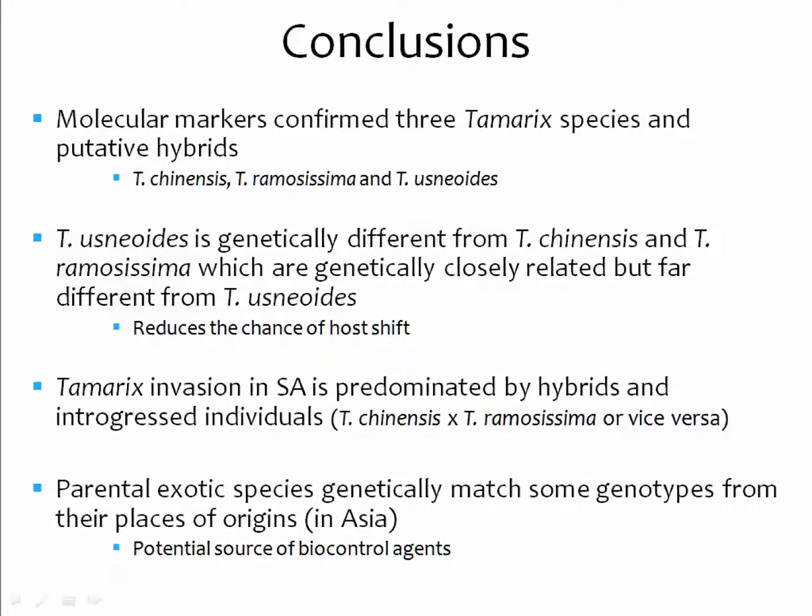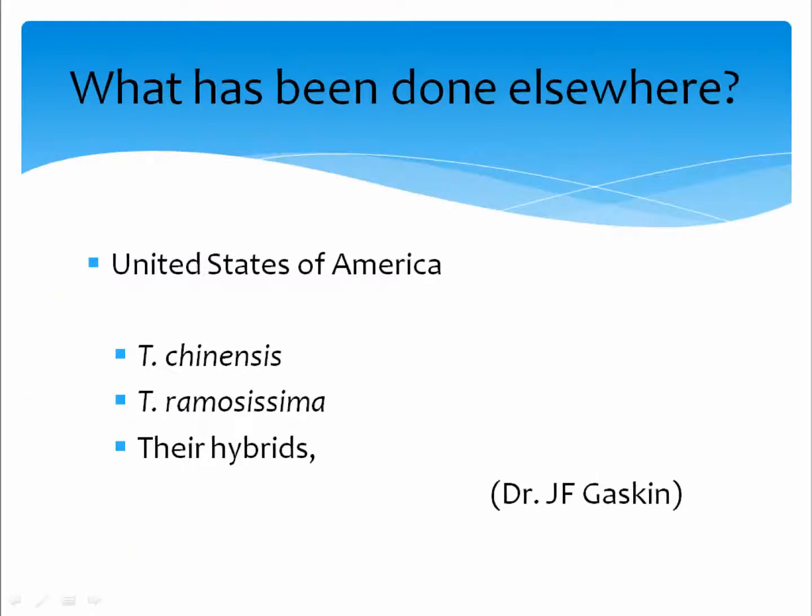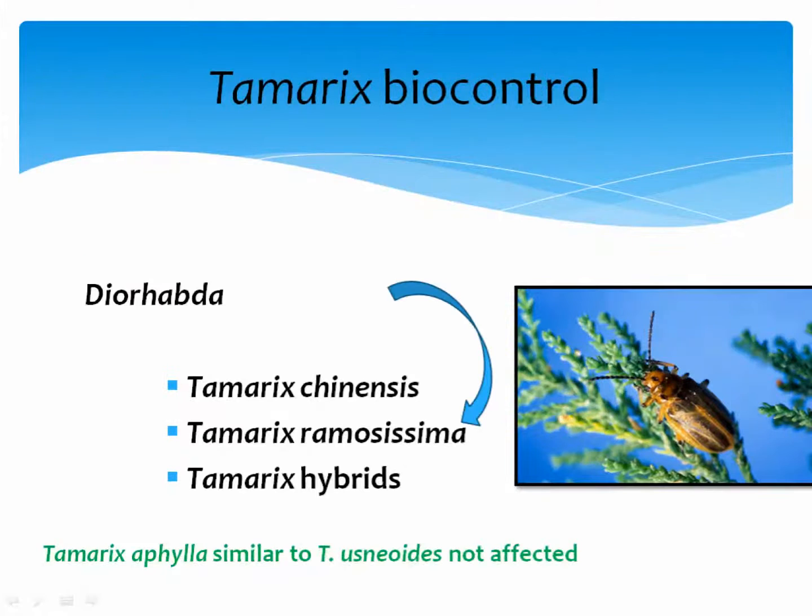We've also found out that the parental types of the exotic species are matching the genotypes from their place of origin. Looking at what has been done elsewhere, Dr. John Gaskin has fingerprinted Tamarix in the invasion in the United States, and he's found that the invasion there is mainly chinensis, ramosissima, and their hybrids.